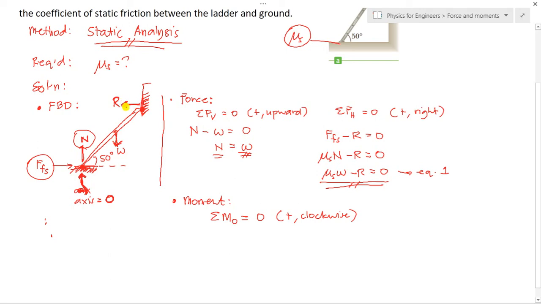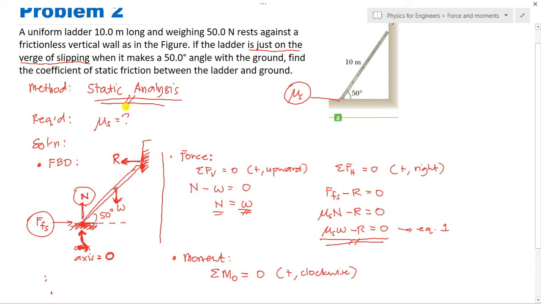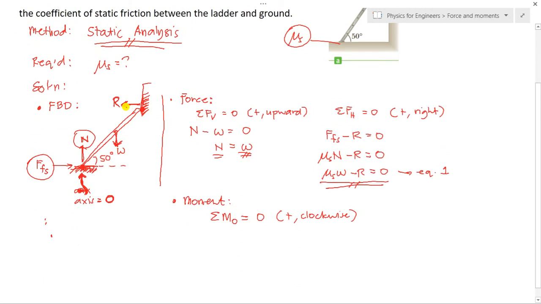Okay, so since si R kay paana man, negative siya kay counterclockwise man siya, di ba class? For the weight, unsay direction sa weight, class? Clockwise. So positive si weight. Is weight perpendicular to our axis, class?